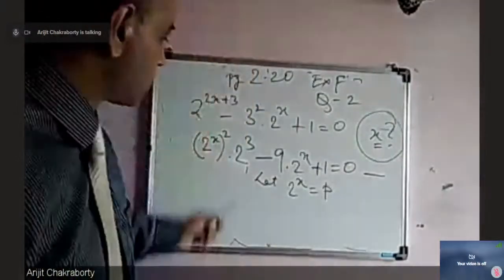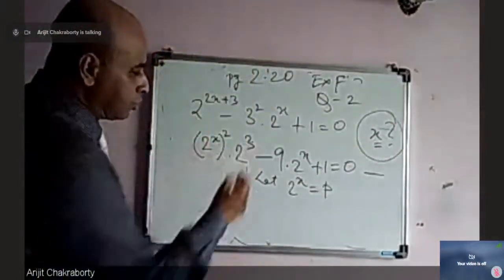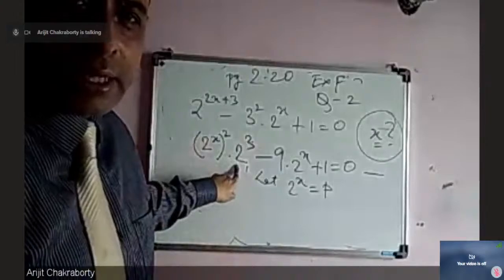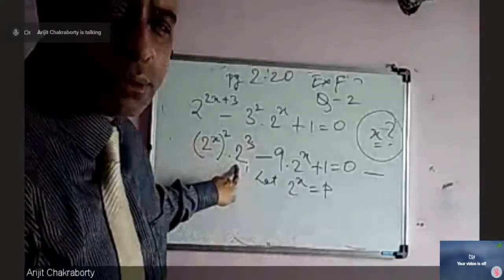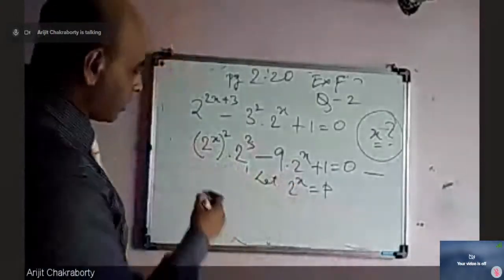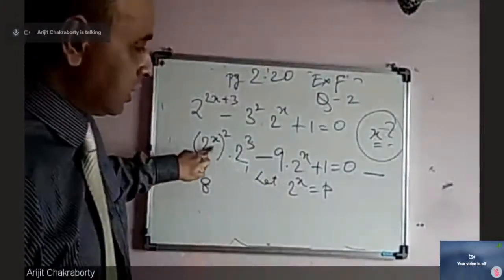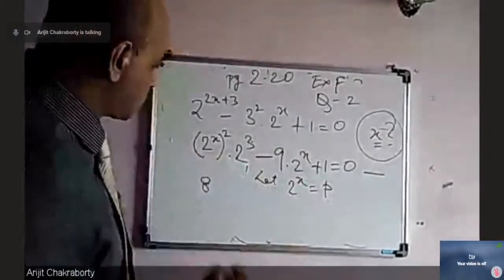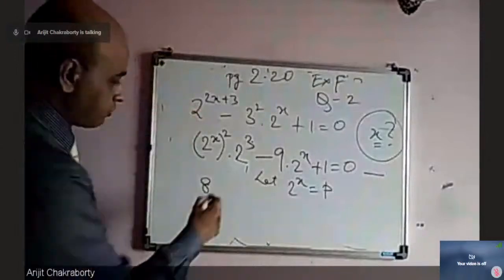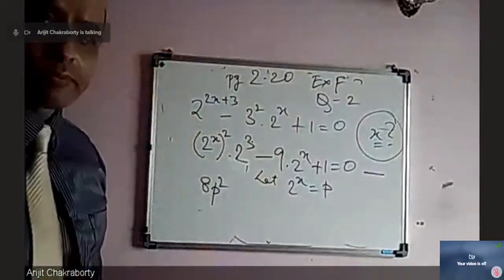Okay. So what will happen? 2 cube is how much? 2 into 2 into 2. 2 2s are 4, 2 4s are 8. So 8. 2 to the power x is p, and we have a square, so it becomes 8p square.